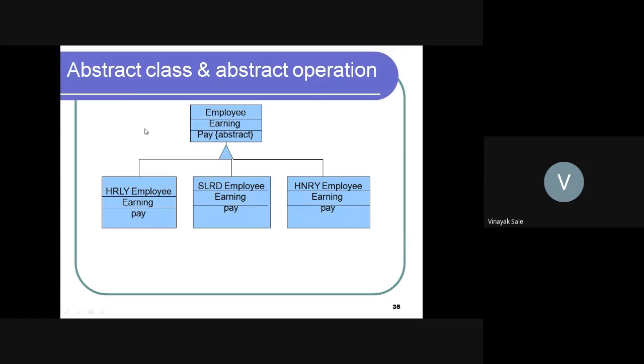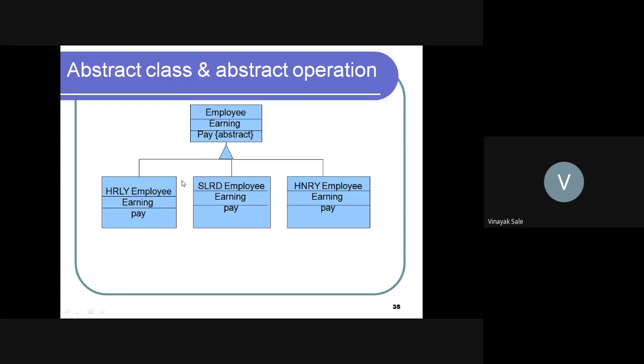So we have drawn the class structure here. Employee is the name of the class. Earning is an attribute of that class. And pay is an operation, part of that class.